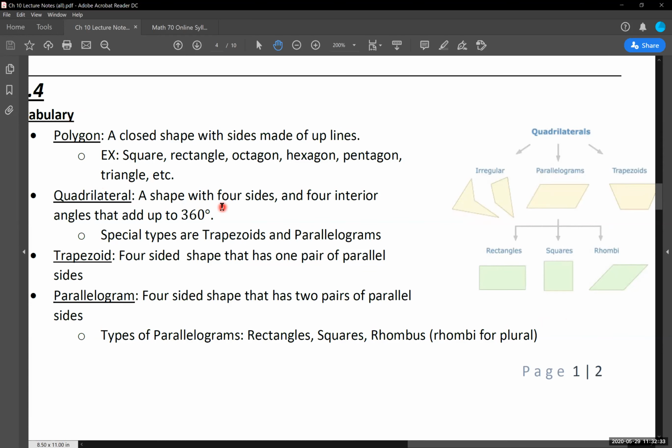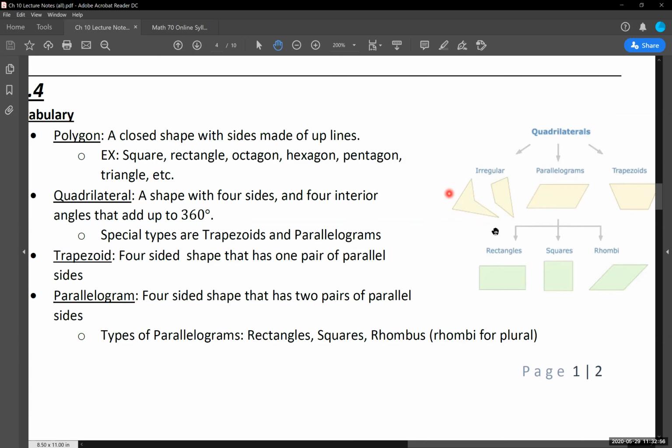So within this overarching idea of polygons, we have quadrilaterals. A quadrilateral is a shape with 4 sides and 4 interior angles that add up to 360 degrees. Some special types of these quadrilaterals are trapezoids and parallelograms. So we have kind of our display over here. We have these 3 main types.